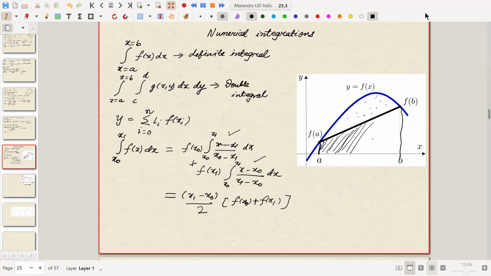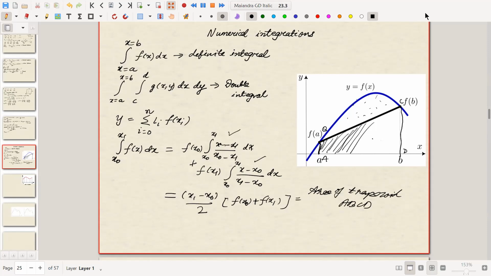Remind yourself that this is the area of a trapezoid. If I give these names A, B, C, and D, then this is the area of trapezoid ABCD. Hence, we have the trapezoidal rule.